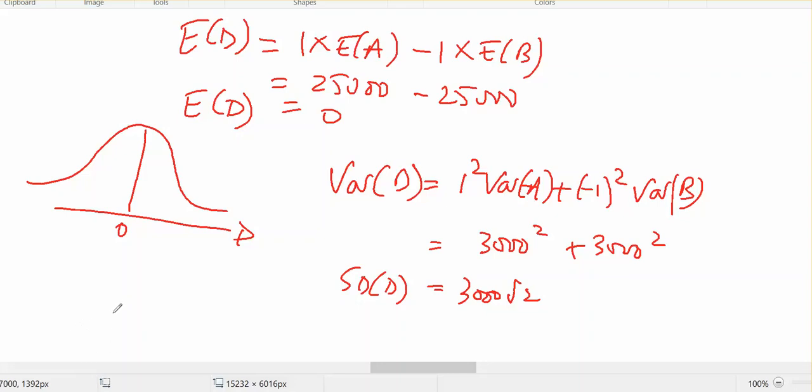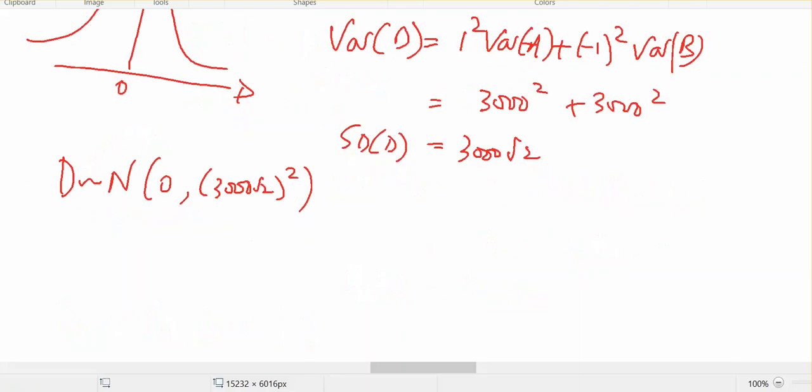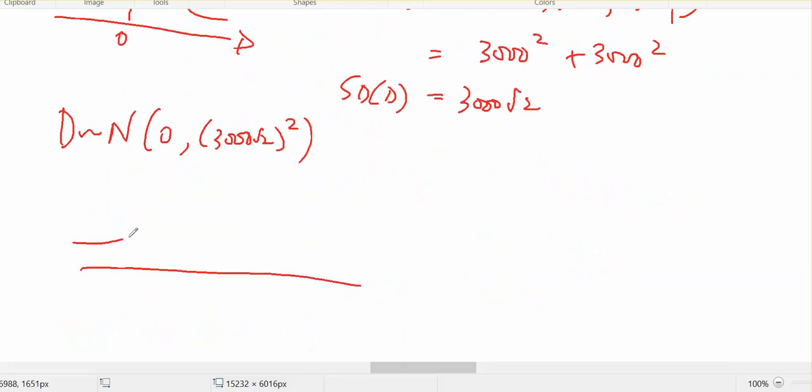So, what am I after? I know that D is now normally distributed with a mean of 0 and 3,000 root 2 squared is my variance. And here is my D. I'm interested in 7500 above.